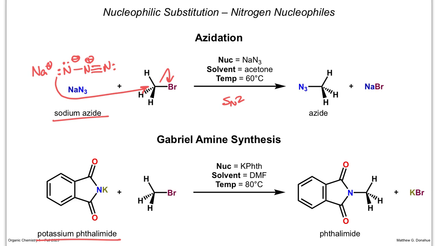But really, that's more organic 2 stuff. We're just concerned about how we get nitrogen into the molecule. Sodium azide's nice. It kind of looks like table salt. It's a white solid. It's easy to handle and weigh out and all that stuff.